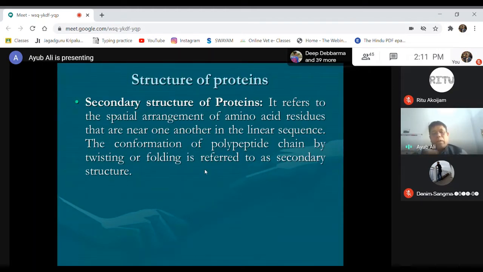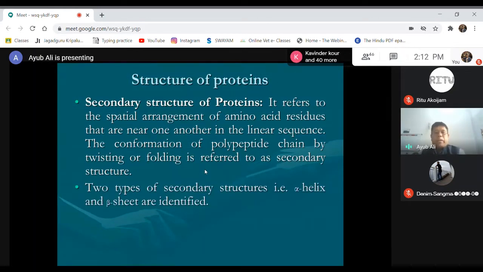How these amino acids are arranged in space is called the secondary structure. The conformation of the polypeptide chain by twisting or folding is called the secondary structure. Generally, that arrangement of the amino acids in space is done by twisting or folding of the polypeptide chain.